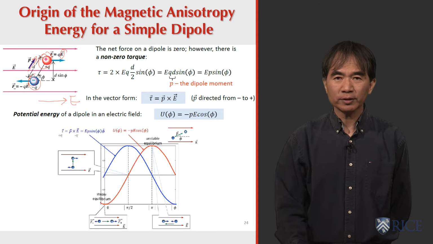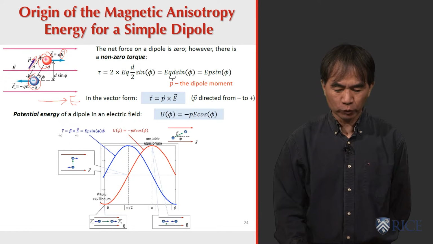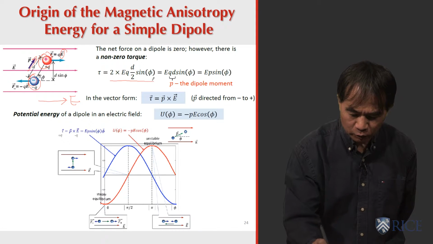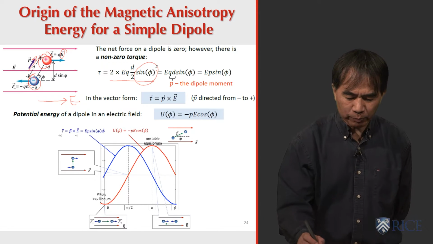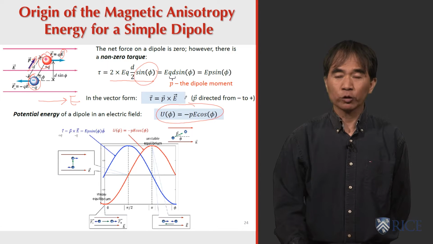What this means is that there is a torque present on this dipole when the dipole is not along the external electric field direction. The amount of torque is proportional to the sine of the angle. And then you can estimate the potential energy of a dipole in the external electric field.